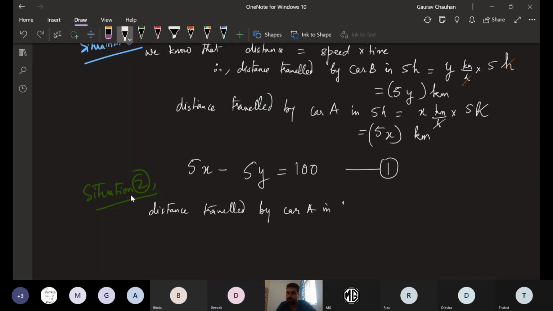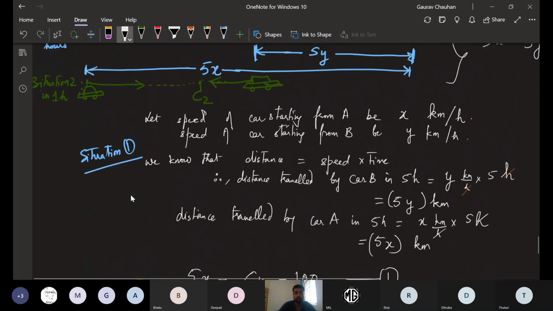It's traveling at x kilometer per hour, so in 1 hour it will travel x kilometers, basically 1x kilometers. So what we know is that this much is 1x. That's something we know. Wait, I'll use a different pen. This much is 1x.